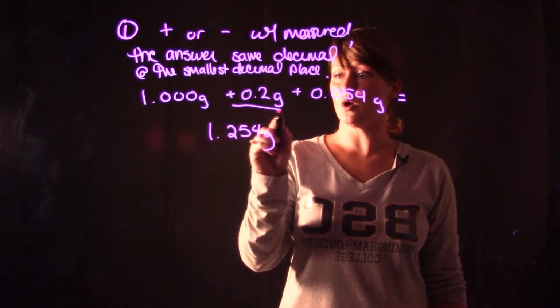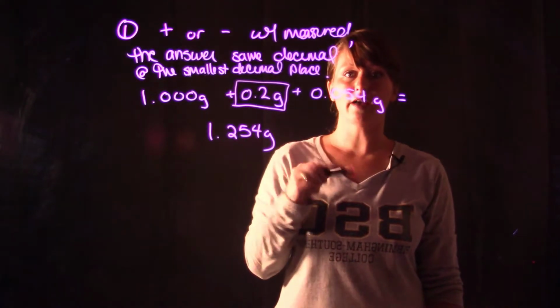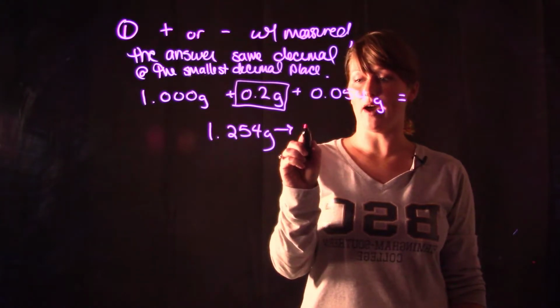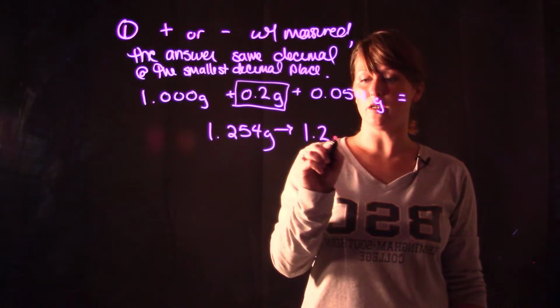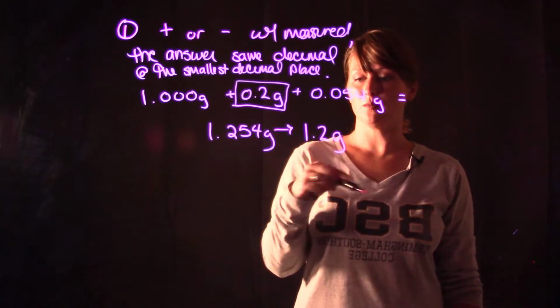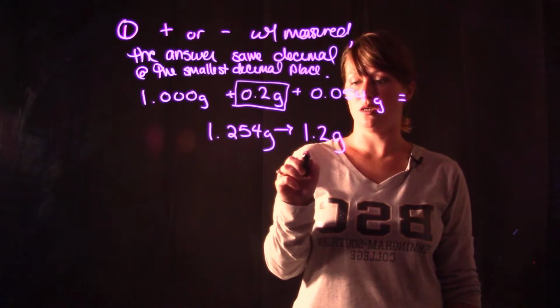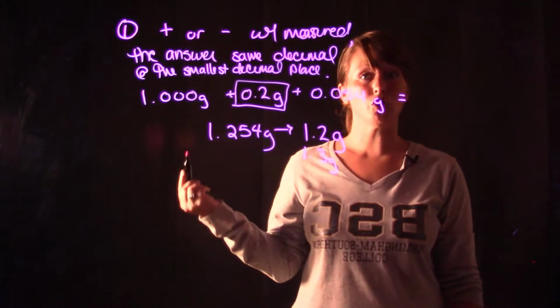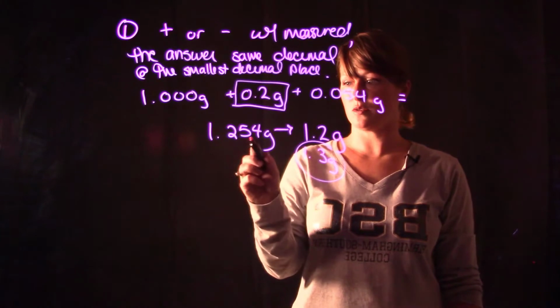However, the 0.2 grams has the smallest decimal place, so we need to round our value to 1.3 grams. Either way, we end up with 2 significant figures.